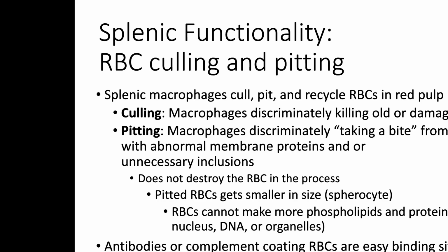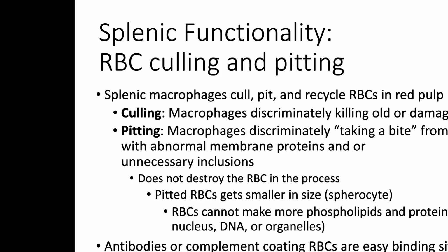Again, culling means killing damaged RBCs. Pitting means getting rid of abnormal membrane inclusions. These are all done by the splenic macrophages that are inside. Culling is just completely removing. Pitting, however, just means you're getting rid of these weird membrane inclusions. This does not destroy the RBC in the process.